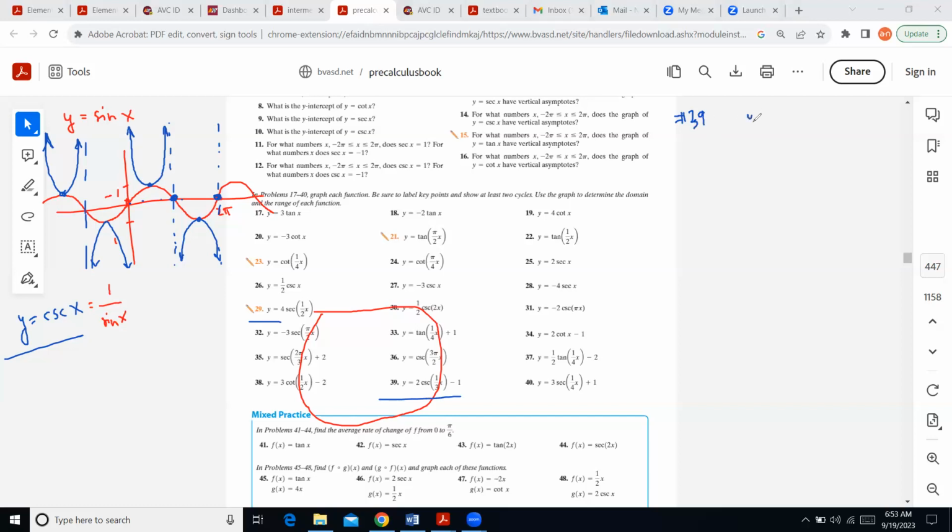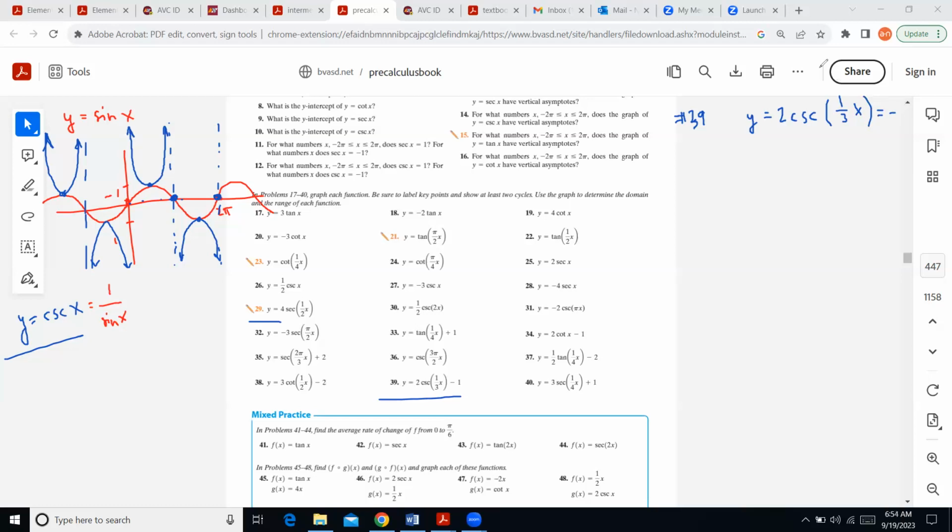39 says y is equal to 2 times cosecant of 1 over 3 times x, minus 1. Okay, so we just need to take the corresponding function sine.